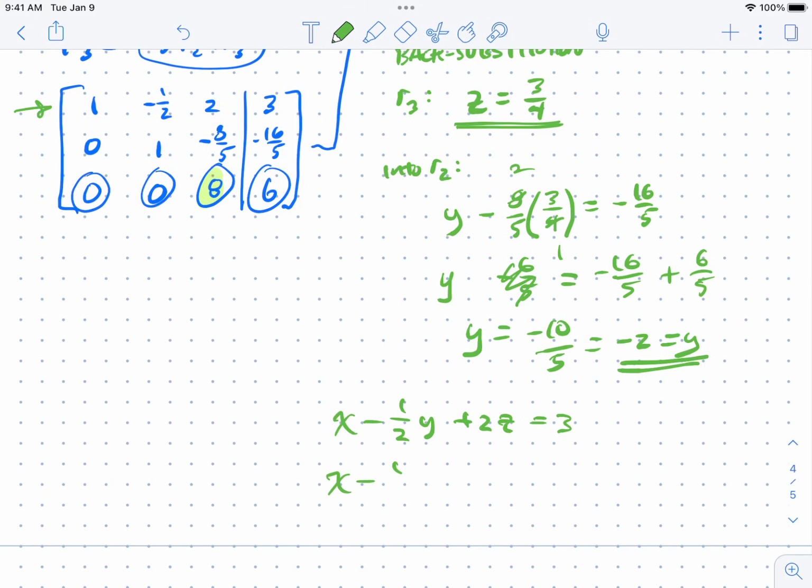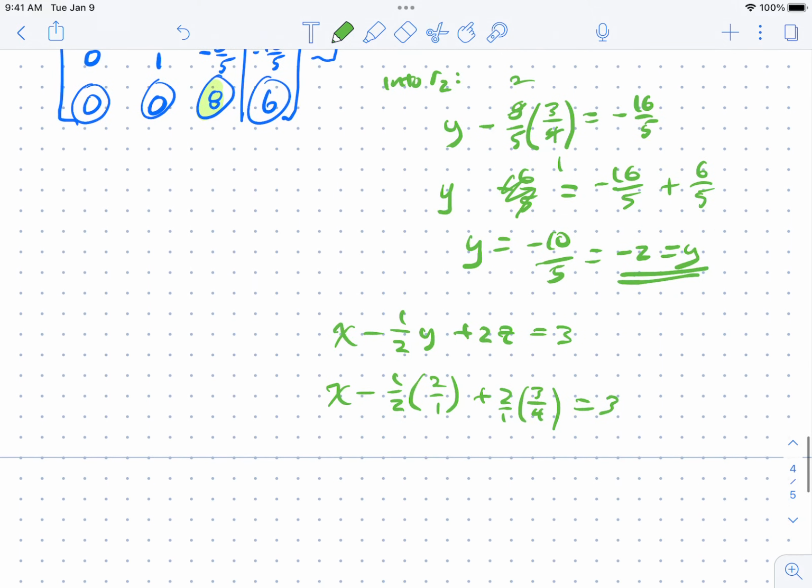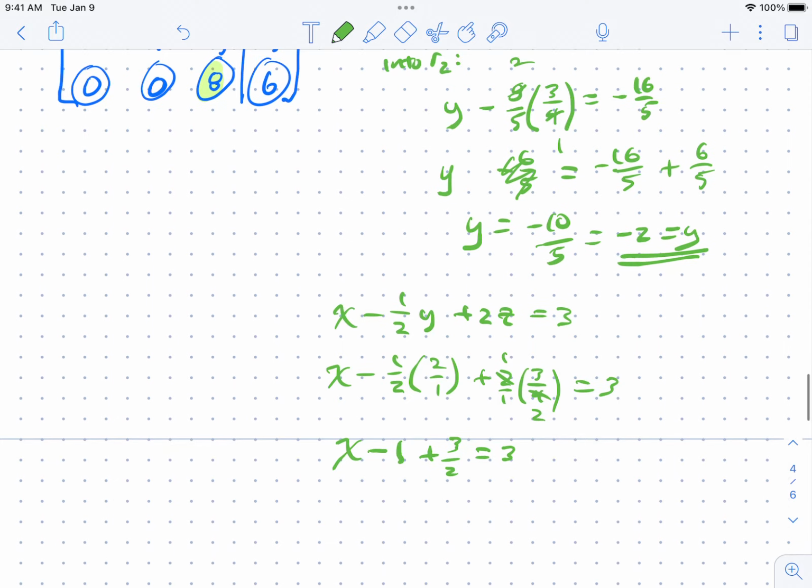So x minus 1/2 times y, but y is 2, plus 2 times z, but z is 3/4, equals 3. 2's cancel. That says x minus 1. 2 cancels into the 4 twice. So that says plus 3/2 equals 3.